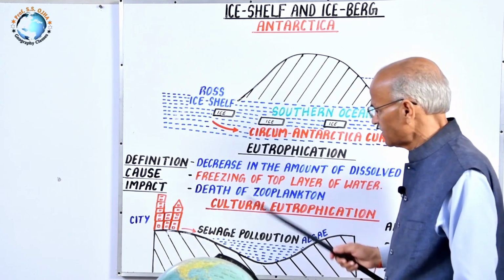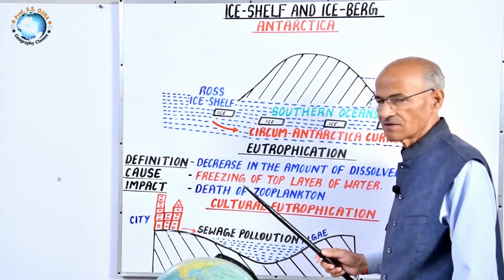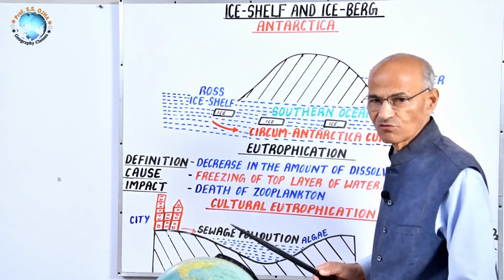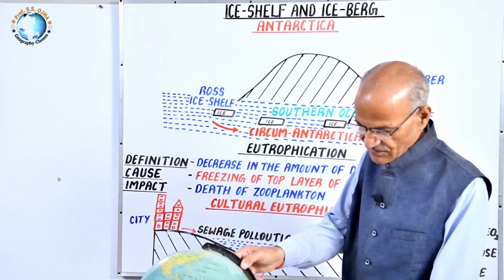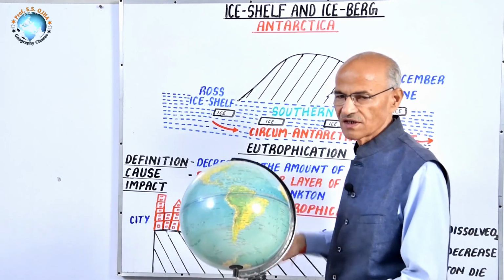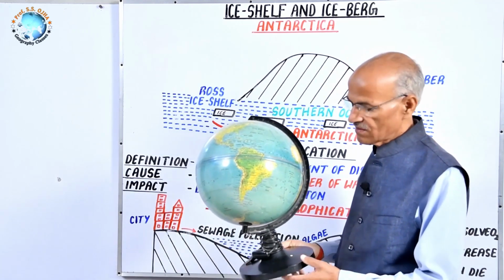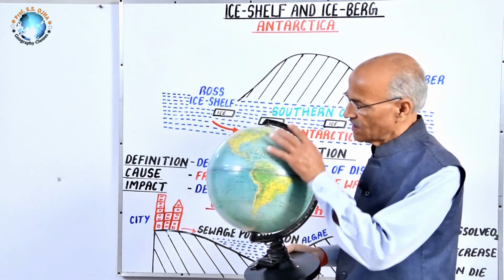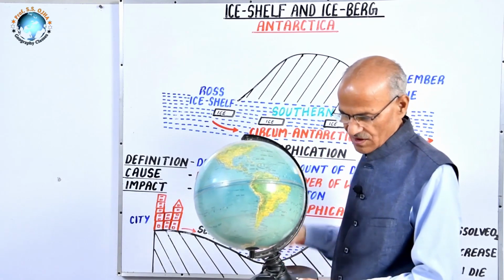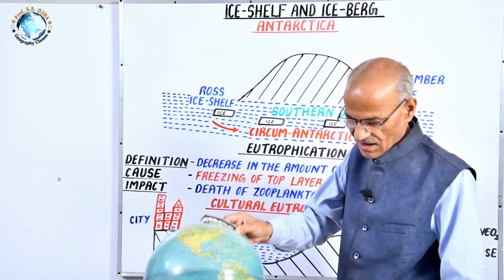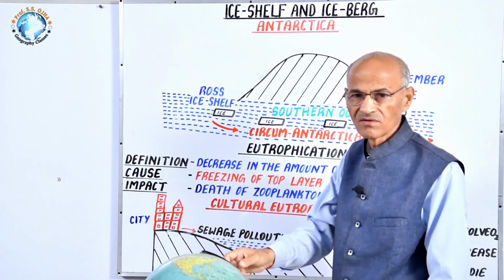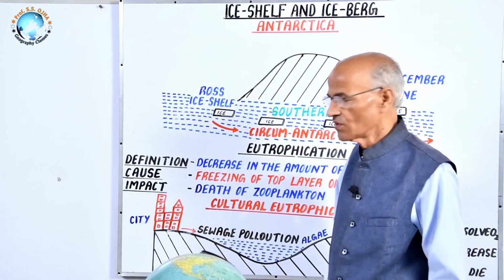Thus, eutrophication is a scientific term used in geography. Where will eutrophication be found in nature? Certainly it will be found in the South Hemisphere and North Hemisphere, where the land is ice covered and its surrounding water body is also ice covered.